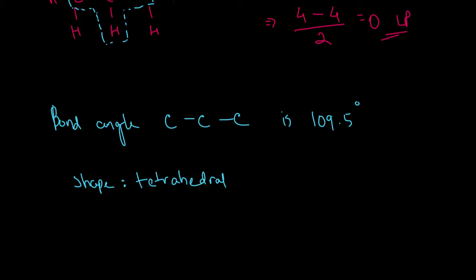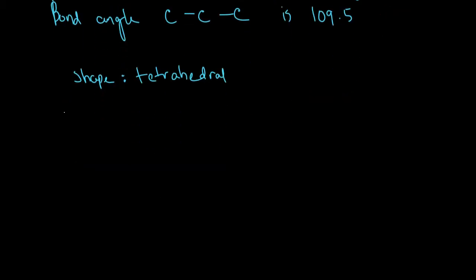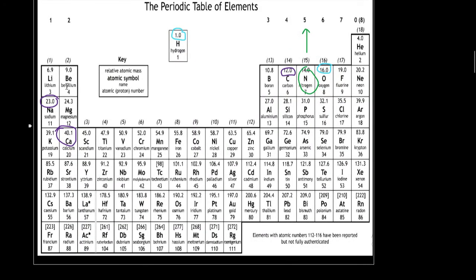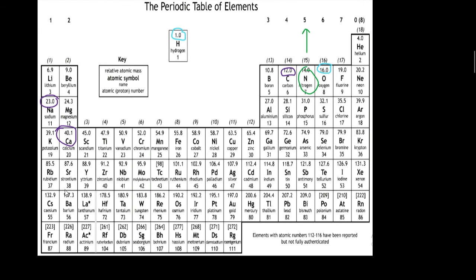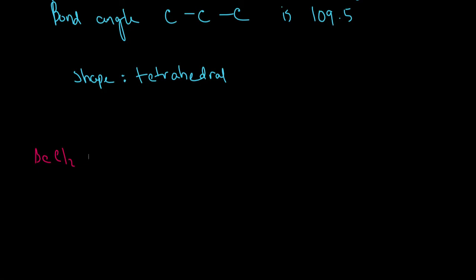So another common type of bond angle that you might encounter is, let's say, BeCl2. Okay, so in this case, let's check out where beryllium is. Beryllium is in group 2, so let's figure out the number of lone pairs in beryllium.